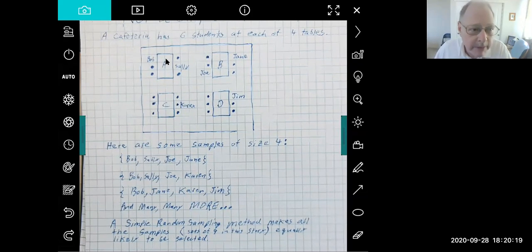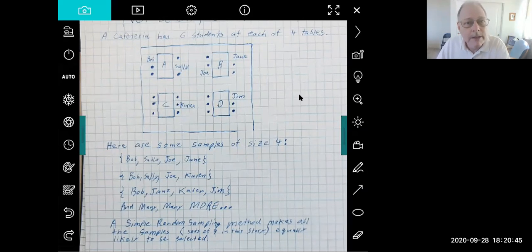Because when you go to table A, you roll the die, you pick one person, so you can't get Bob and Sally. Not possible. On the other hand, this one down here at the bottom, where you have Bob and Jane and Karen and Jim, that might happen. It's a small chance, but maybe you go to table A and you get Bob, and you go to table B and you get Jane and Karen and Jim.